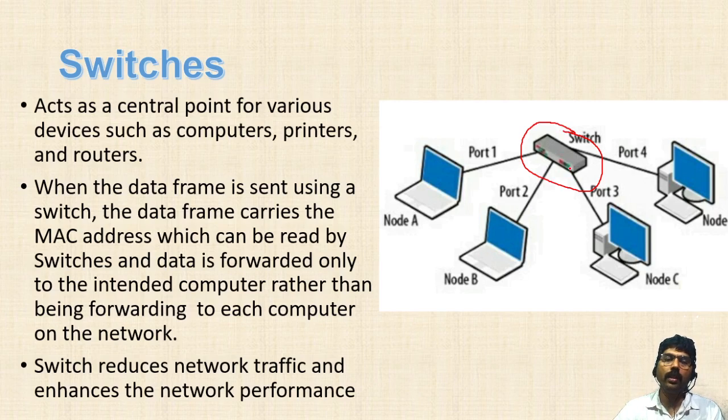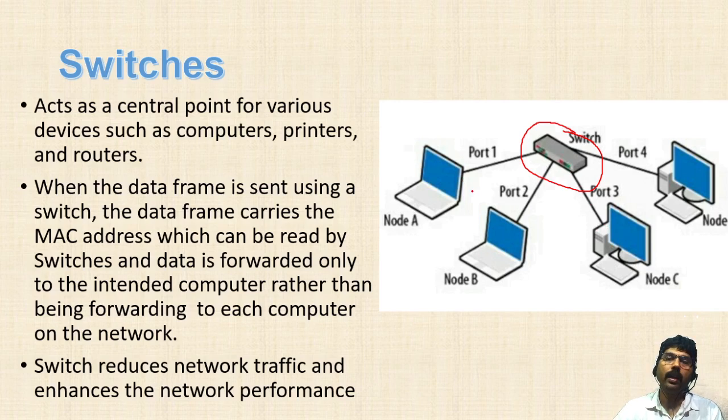A switch reduces network traffic and improves network performance. How does it do that? Instead of sending the data to each and every device, it sends the data only to the device which is mentioned.